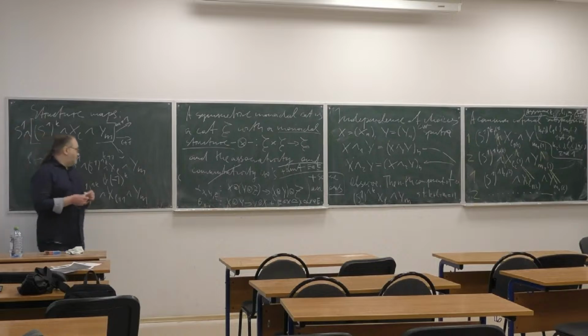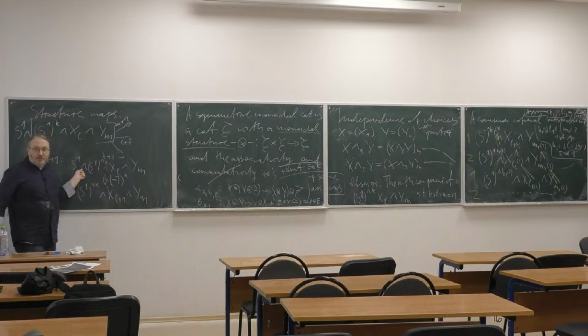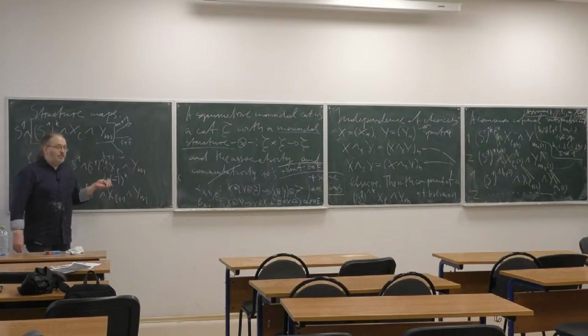Now, what does this mean? Well, this is a map from a suspension. For maps, we know that maps from a suspension always form a group.